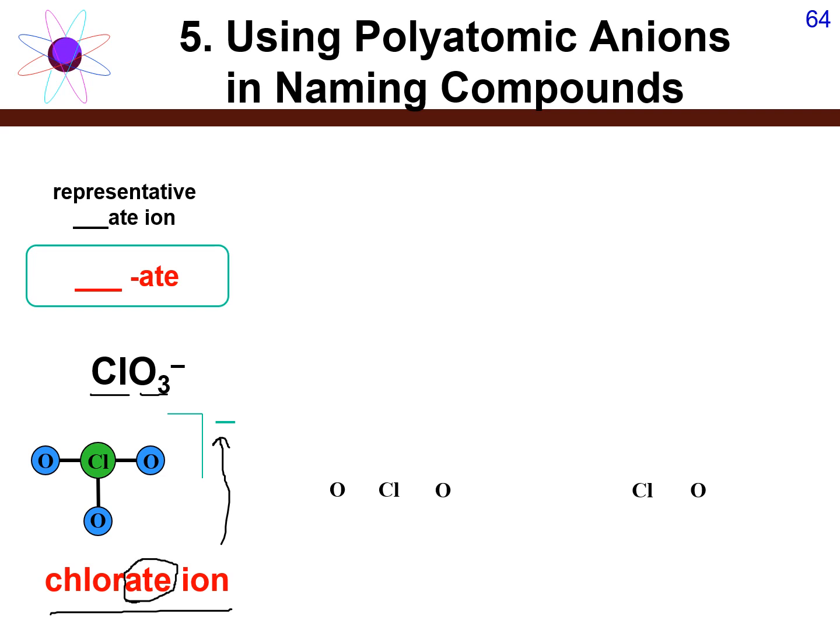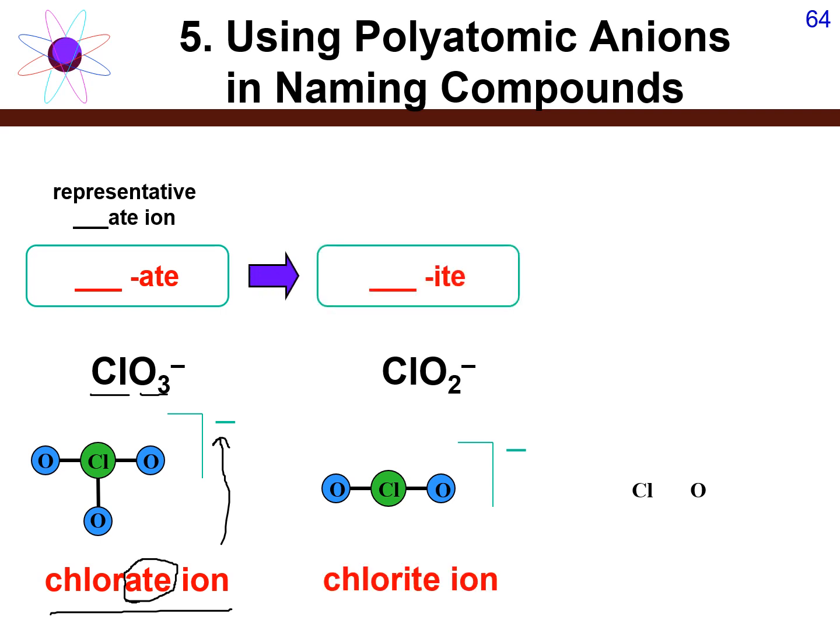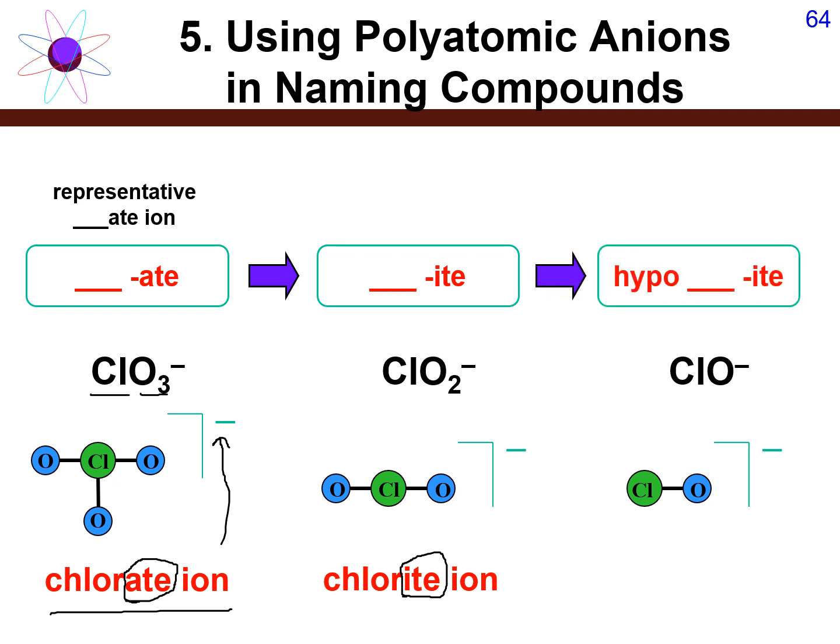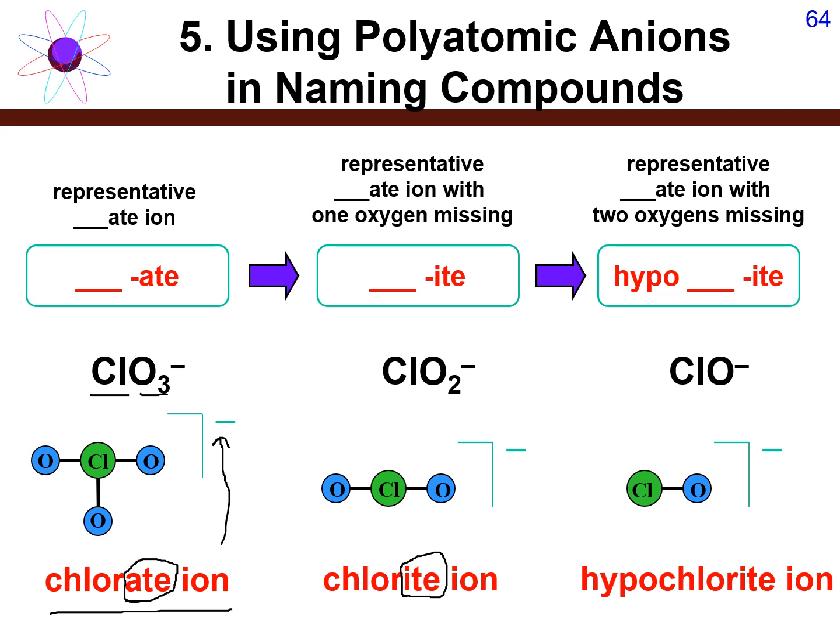That suffix, ate, is going to be important because that's going to change if you take off an oxygen. If you take off an oxygen, we then call that chlorite, a chlorite ion. And if you take off 2 oxygens, we call that a hypochlorite.